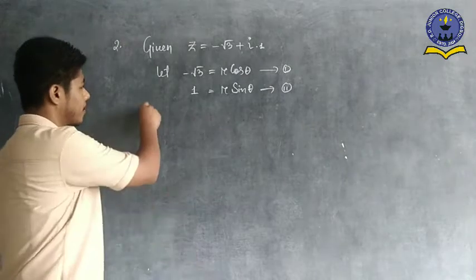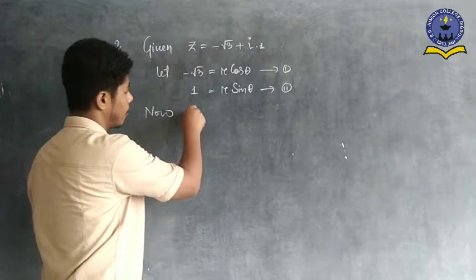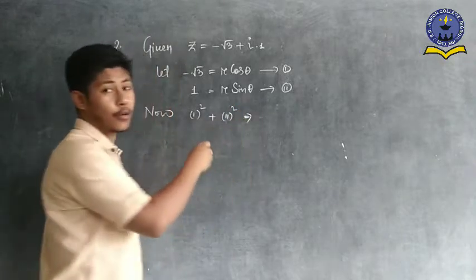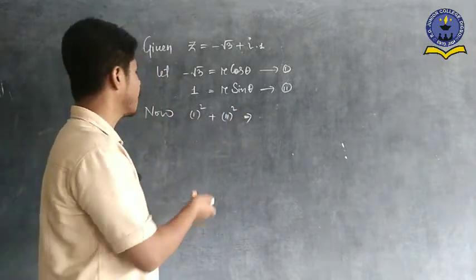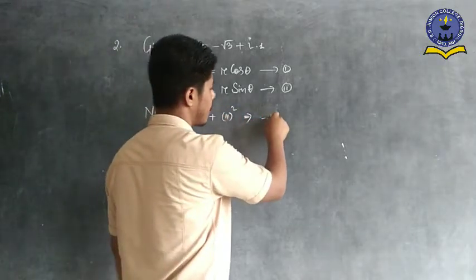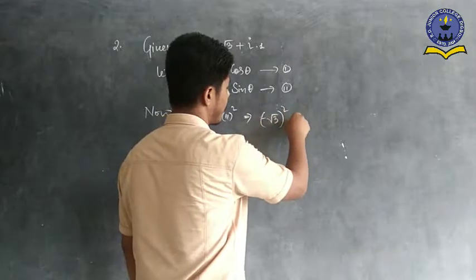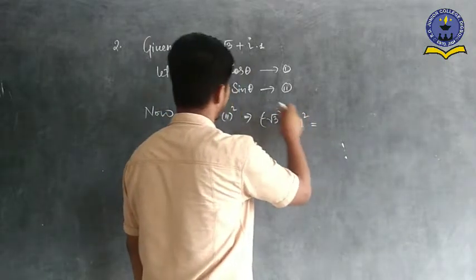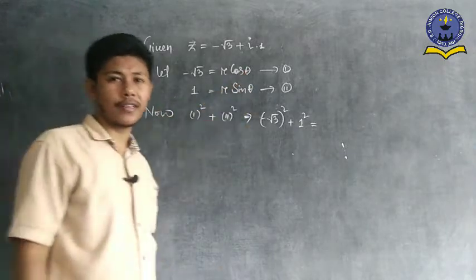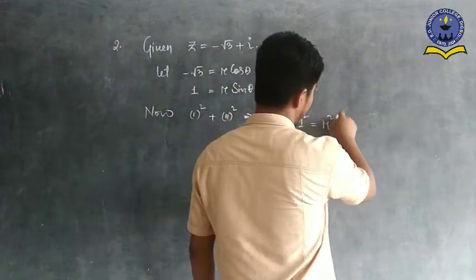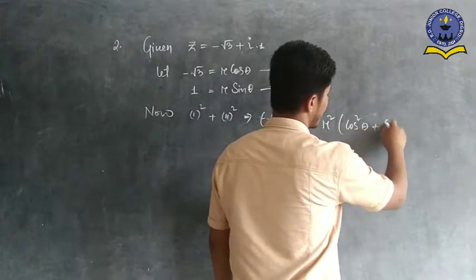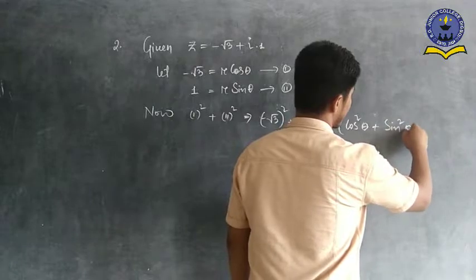So that's why we write: equation 1 squared plus equation 2 squared implies, we add these two, minus root 3 whole square plus 1 square equals, in the right hand side, what do we write? r square cos square theta plus r square sin square theta, isn't it? So taking r square common, we write cos square theta plus sin square theta.